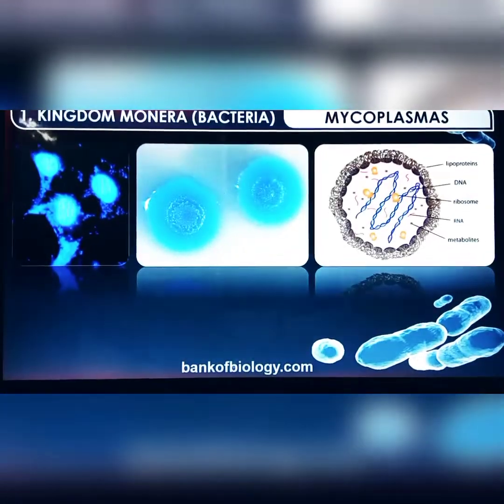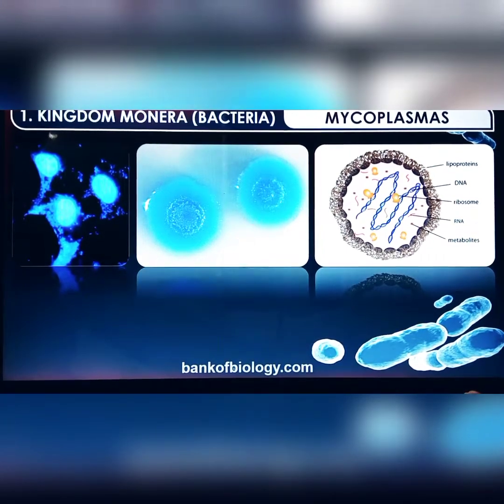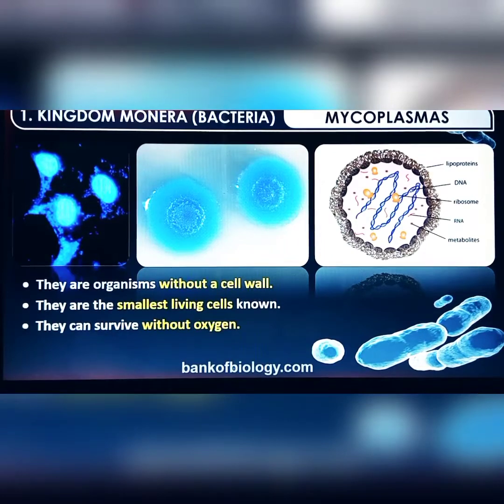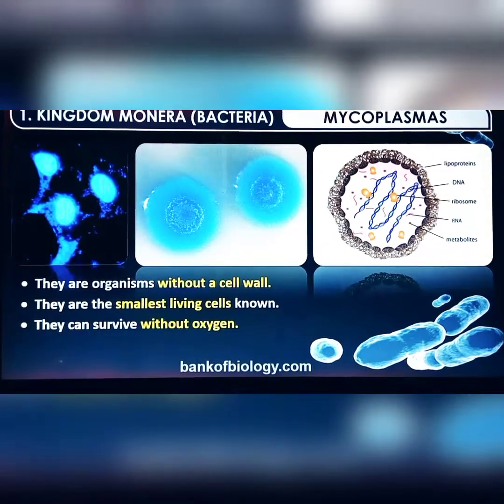Actually, let's talk about other Monera bacteria. There are some Mycoplasmas. Mycoplasmas are the most primitive, and these are the smallest living cells present on this planet that can infect humans. Pneumonia is caused by Mycoplasma. They are living organisms without a cell wall.